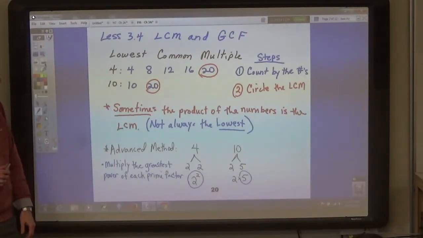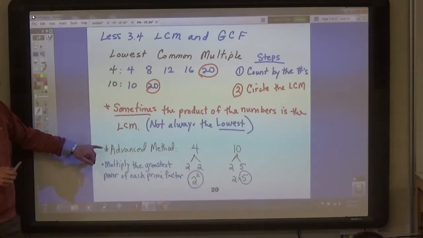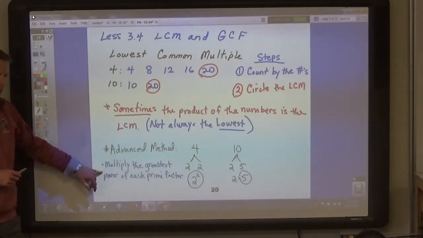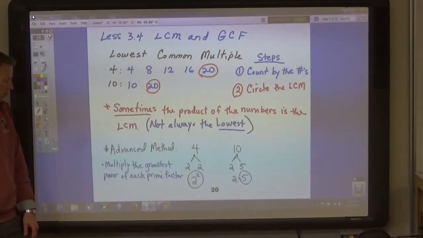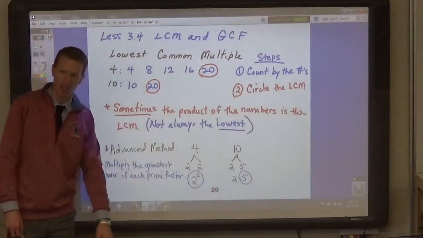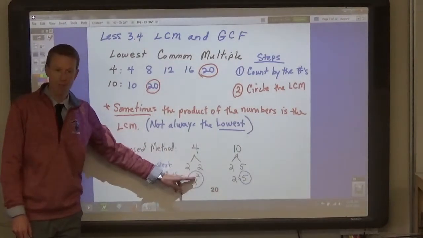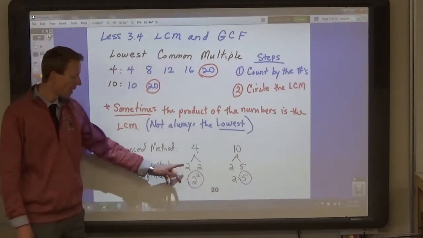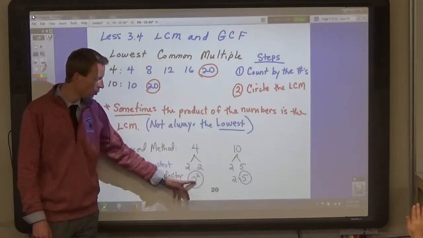Okay? So, I want to show you also an advanced method for finding the lowest common multiple. Remember yesterday we talked about how to factor the numbers. You make a factor tree to get the prime factors. So the prime factors in 4 are 2 squared, right?